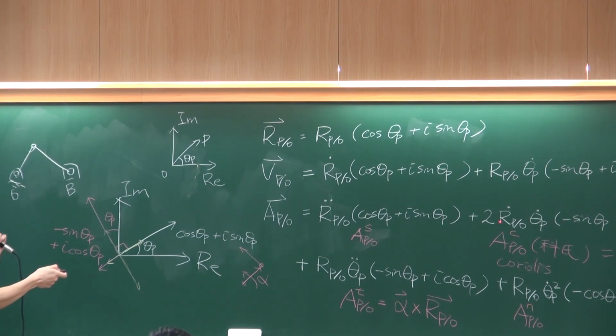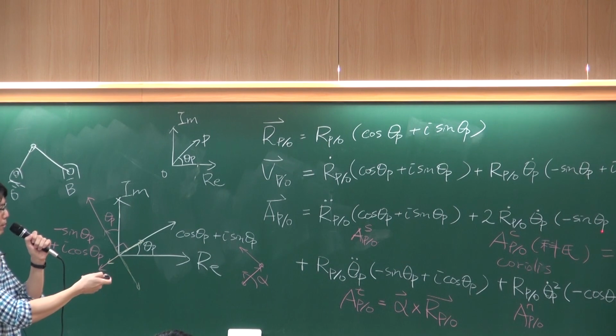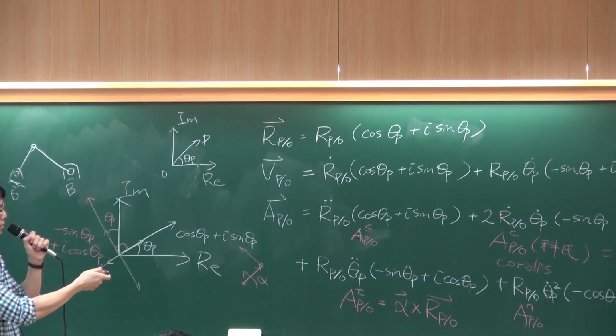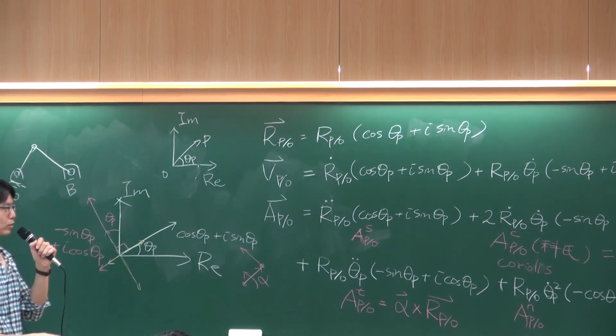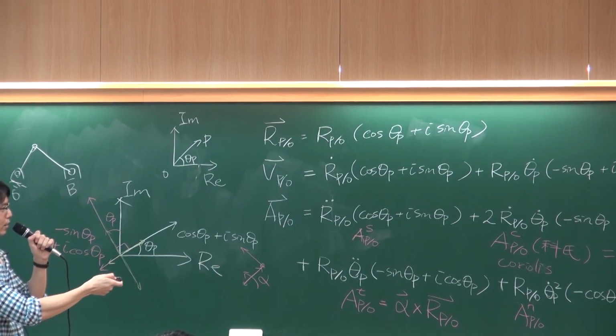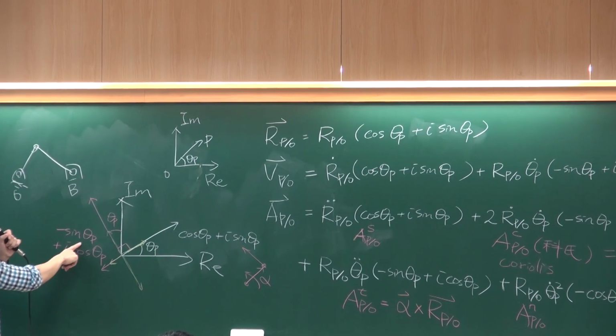And the final one is this one. R dot could be negative or positive, and theta p dot could also be positive or negative. So R dot and theta dot both can decide the direction. And if we take a look at this unit vector, it's the same as this one.